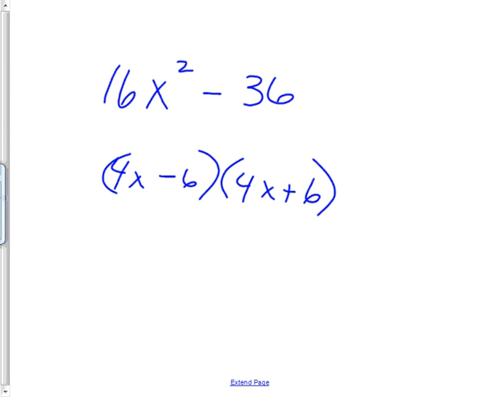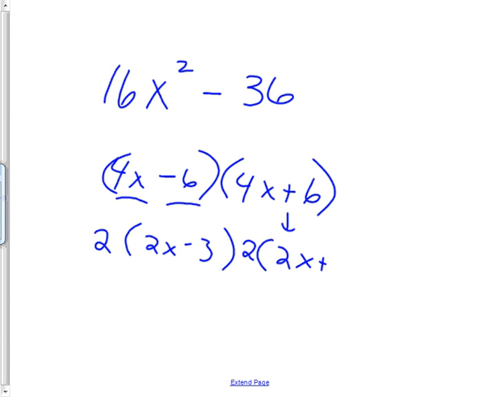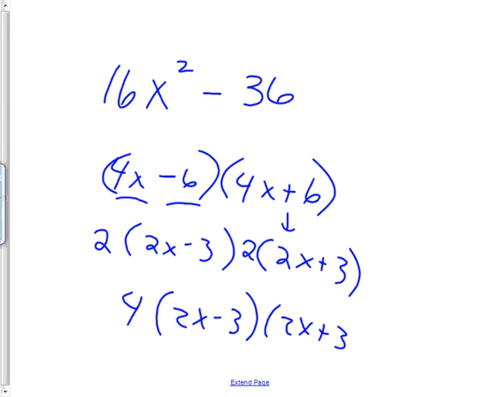Because, see, there's something still buried in both of these. A 2 is, and you got 2x minus 3. And there's still something buried in both of those. A 2 is, and this is 2x plus 3. And then if I put those 2's together, it'll be 4 out in front, and a 2x minus 3, and a 2x plus 3. And here's what you could have done at the very beginning that would have been smart.